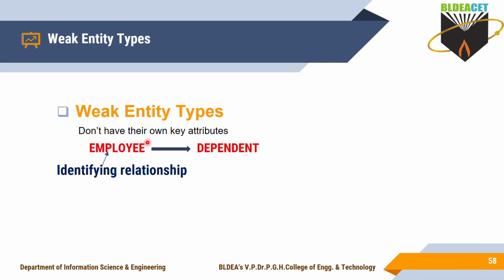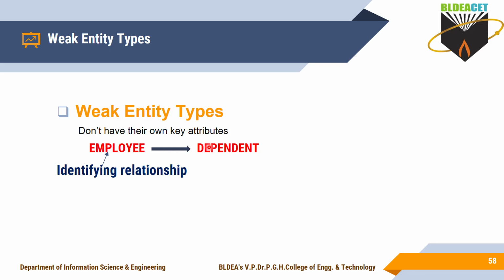This dependent doesn't have its own key attribute here. It is identified by the employee's key attribute. Employee's key attribute is social security number here. This type of entity type we call a weak entity type here.